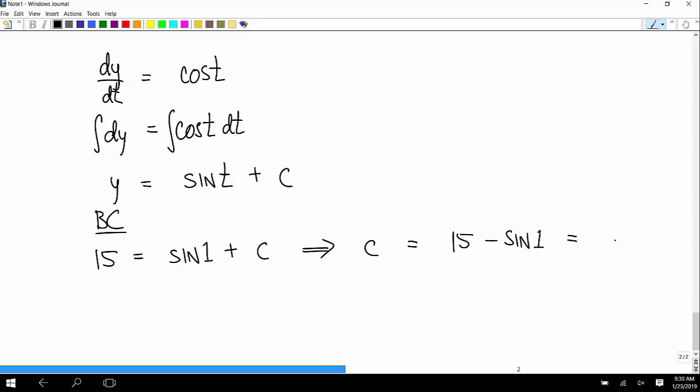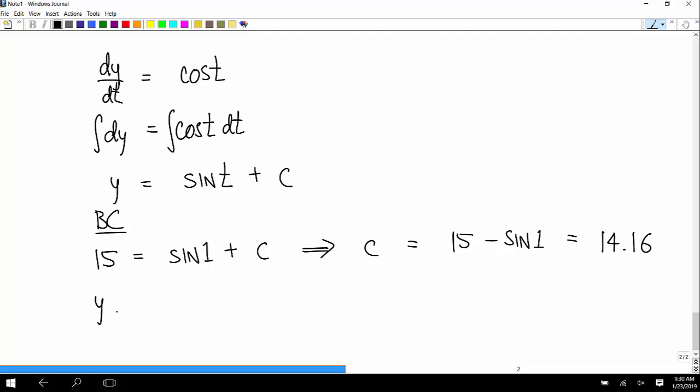14 point something? You just do the decimal. Just kidding, that's not really possible. 0.15? 65? Sorry, 14.16. Okay.